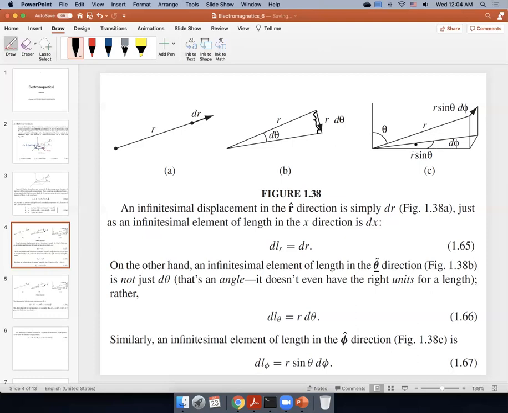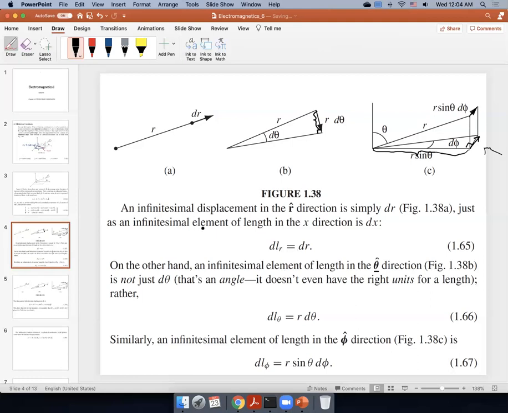The projection of r on the xy plane, shown here, is r times sin theta. Then there's a small displacement here equal to the displacement here, and this is 90 degrees. Then this displacement could be written as r sin theta times d phi.